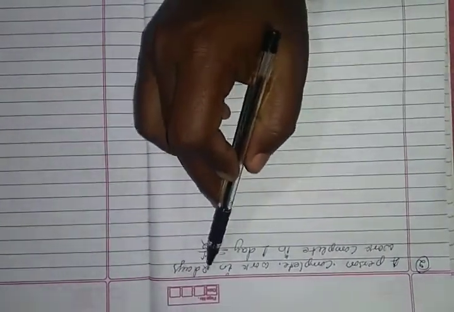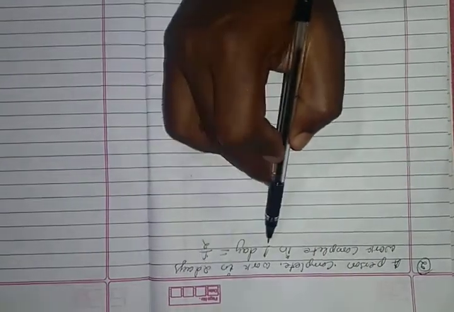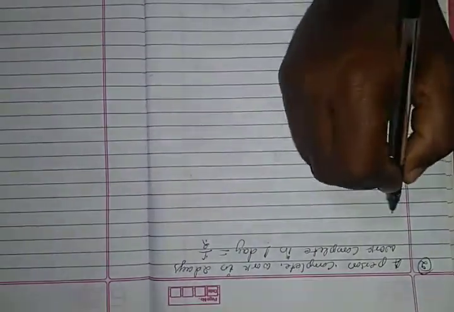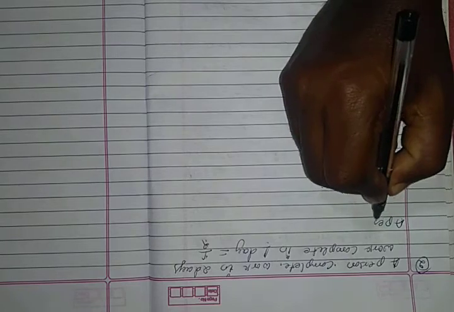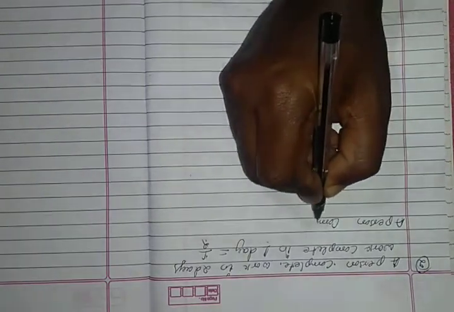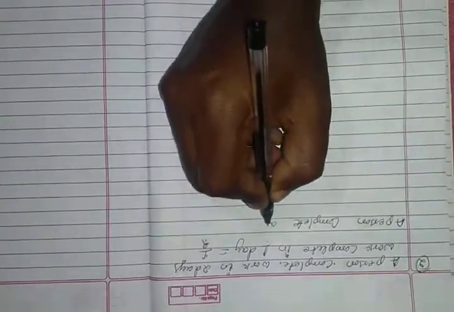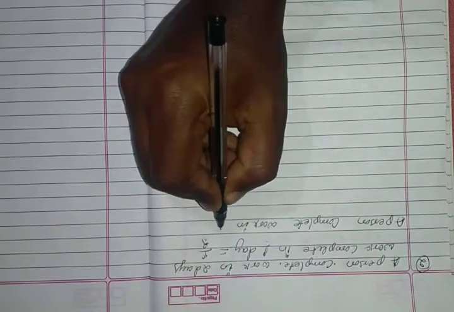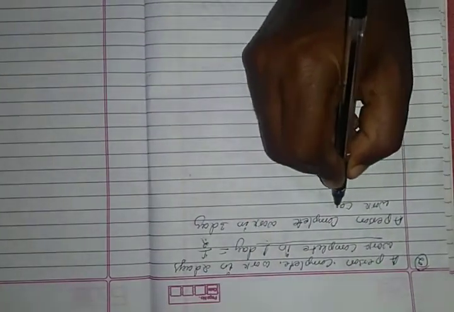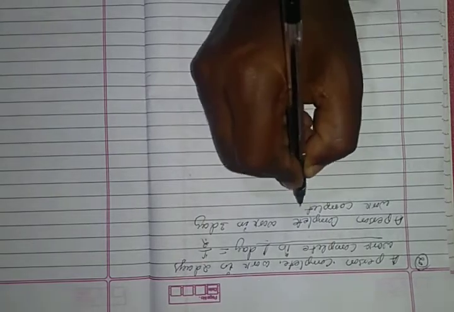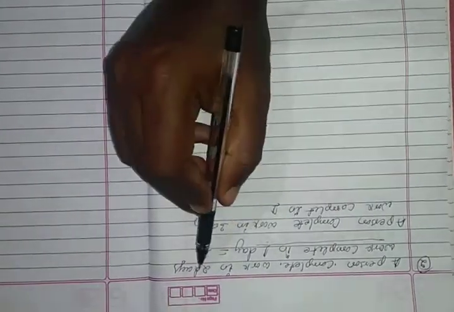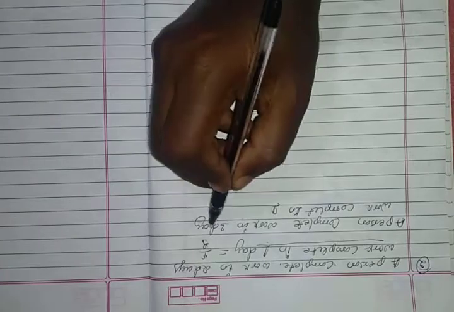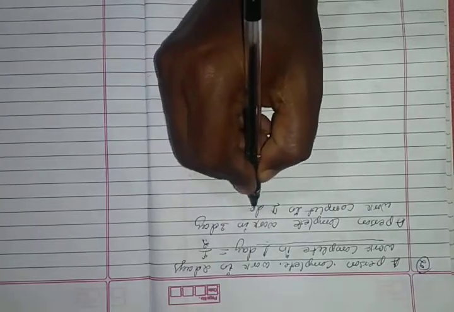So if 2 days finish the full work, then 1 day is half of the work, that is 1 by 2. Similarly, a person completes the work in 3 days, carefully observe, work completed in 1 day: for 2 days it was 1 by 2, and for 3 days, 1 day is 1 by 3.